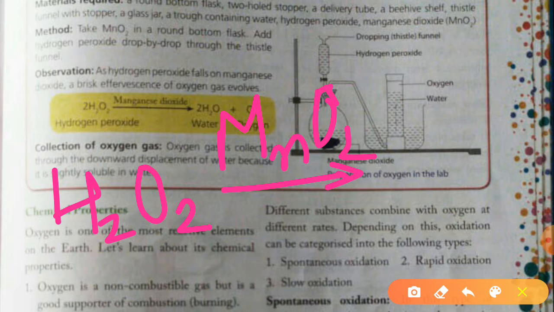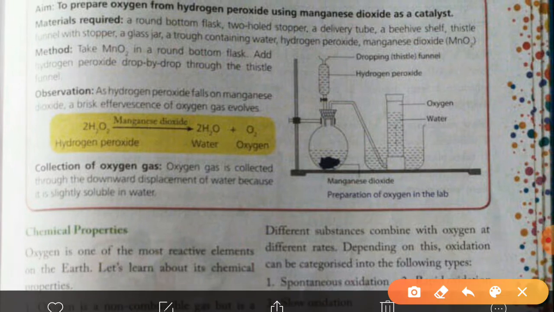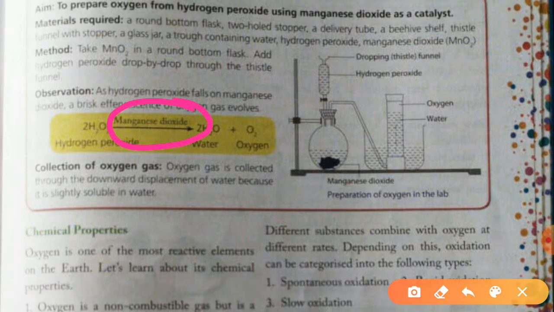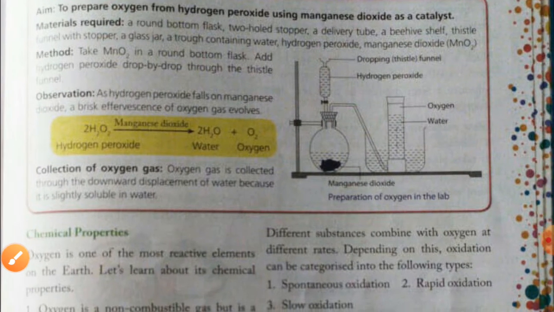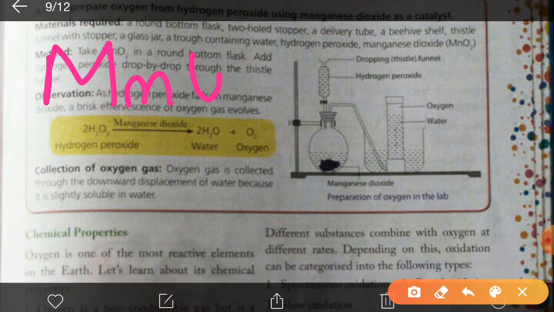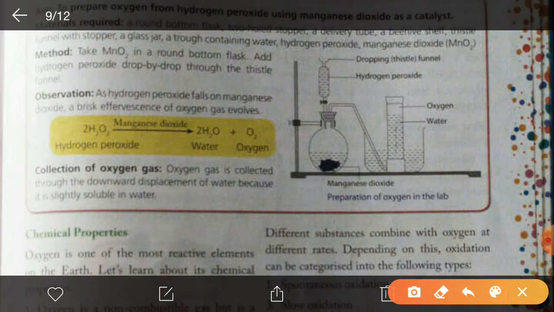You can see that manganese dioxide is written here, right? So this manganese dioxide, MnO2, is a catalyst. You will learn this in detail in your higher classes. I am giving you a basic idea about this.